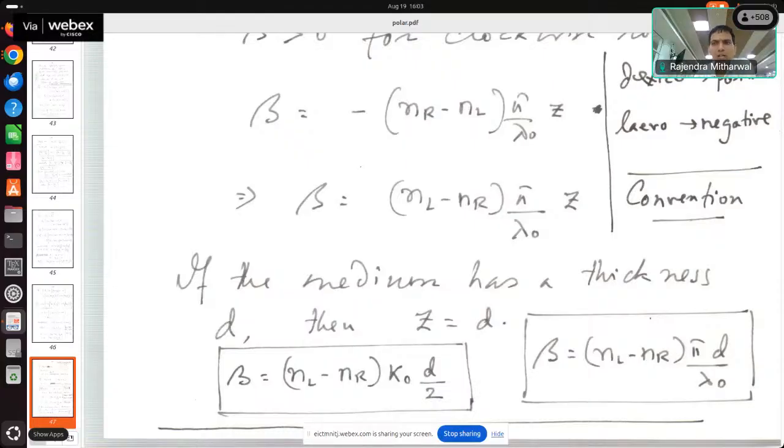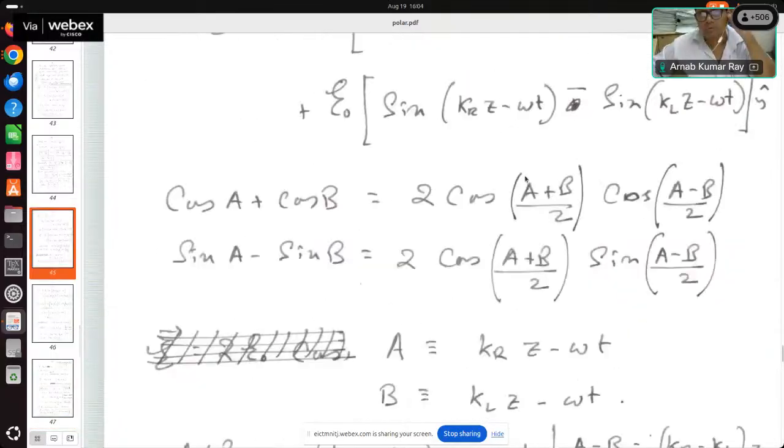We can move on to the next one, which is experimentally how we know that the light is linearly polarized or circularly or elliptically polarized. Just a while ago, I discussed, you see, if you take a linearly polarized light, right? And the analyzer discussion over here, I'm sorry, let me just go back to that page.